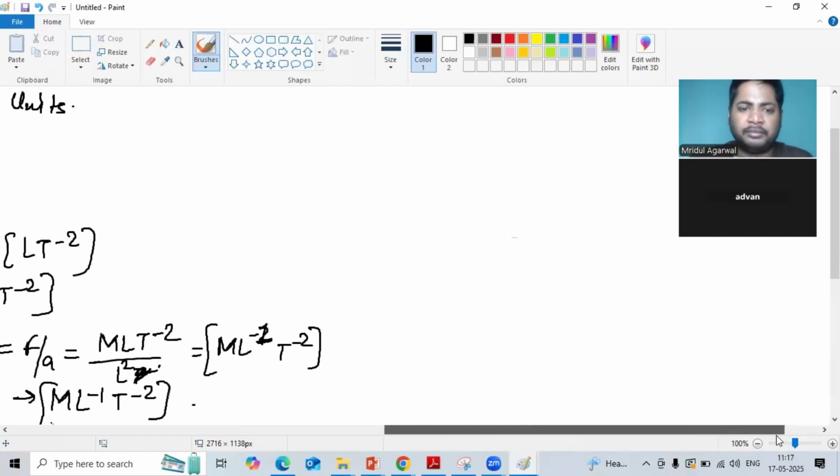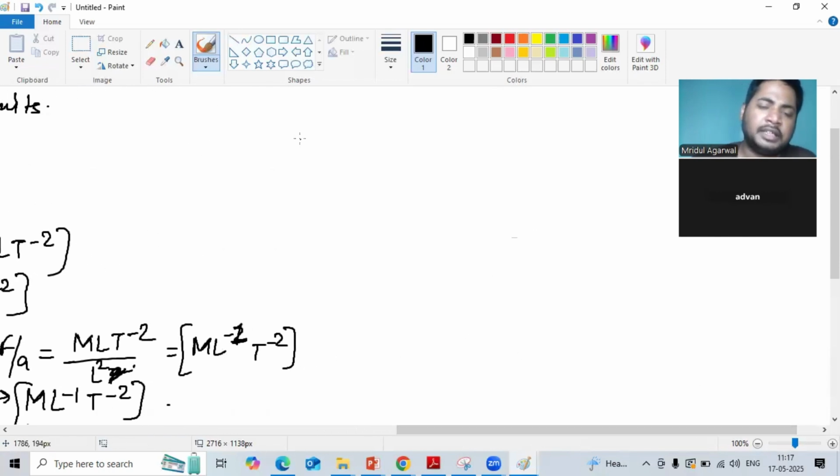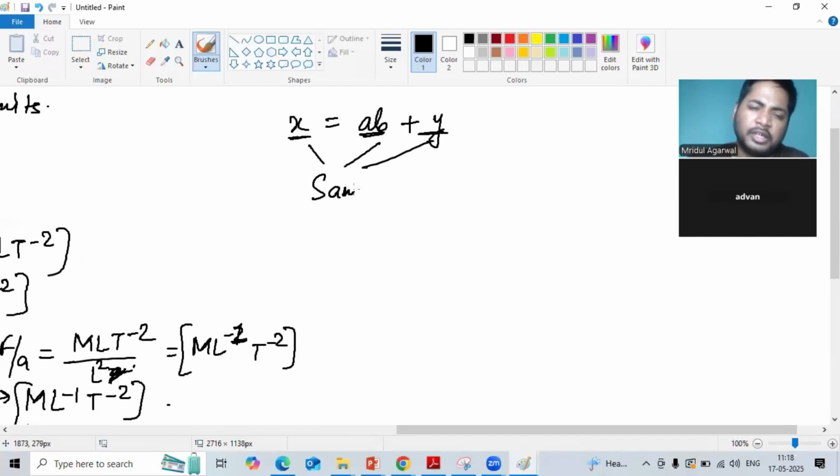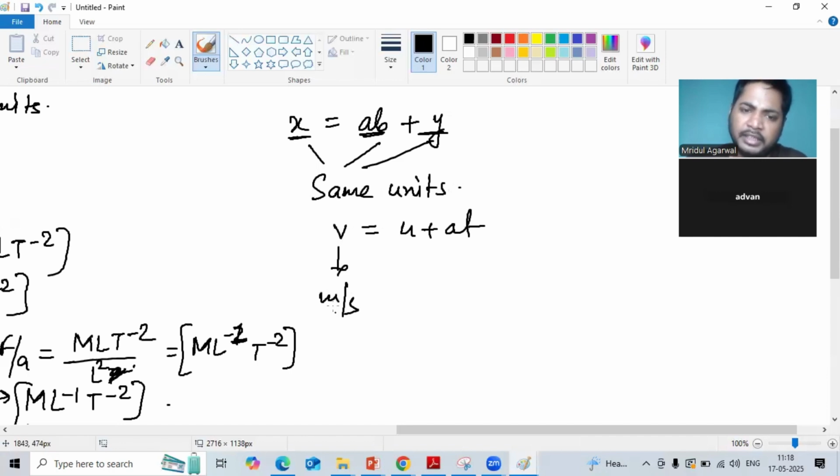Okay. Then we read in the topics that if you have, let's say, any equation, let's say x is equal to ab plus y, then all of these terms must have the same units. Same units. For example, if I write the equation v is equal to u plus at. v is given in meters per second, u is also given in meters per second, and this whole term must also have meters per second.